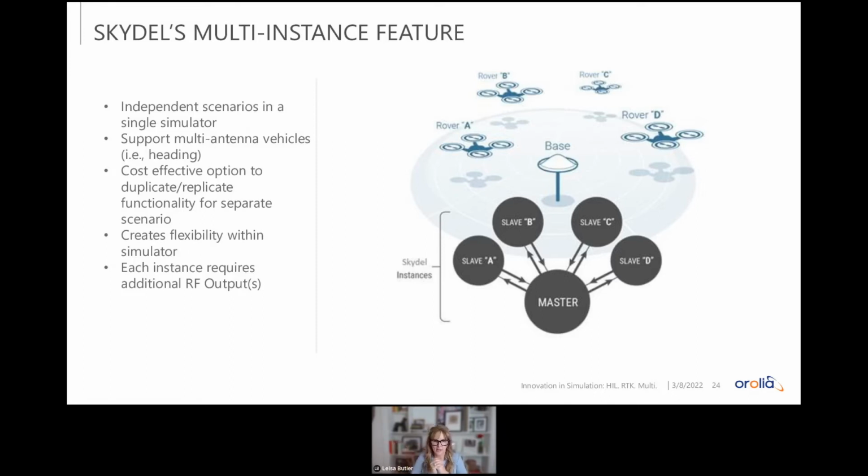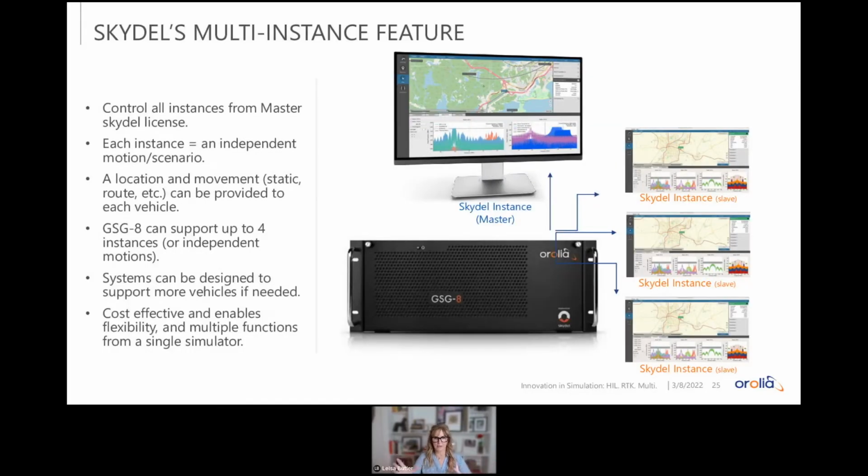Basically what it does is you have a master Skydel version. So you have the platform, the engine that runs Skydel, and then you can have slave versions of that Skydel platform that you can control. And you can have multiple instances of that Skydel platform to control the different motions or trajectories that you want within that one system. So this is maybe a little easier image to understand.